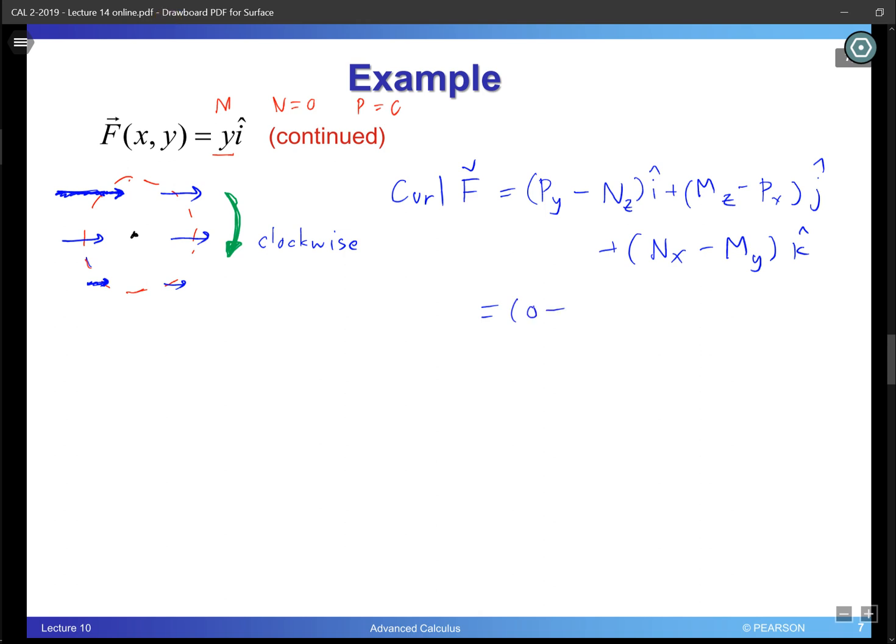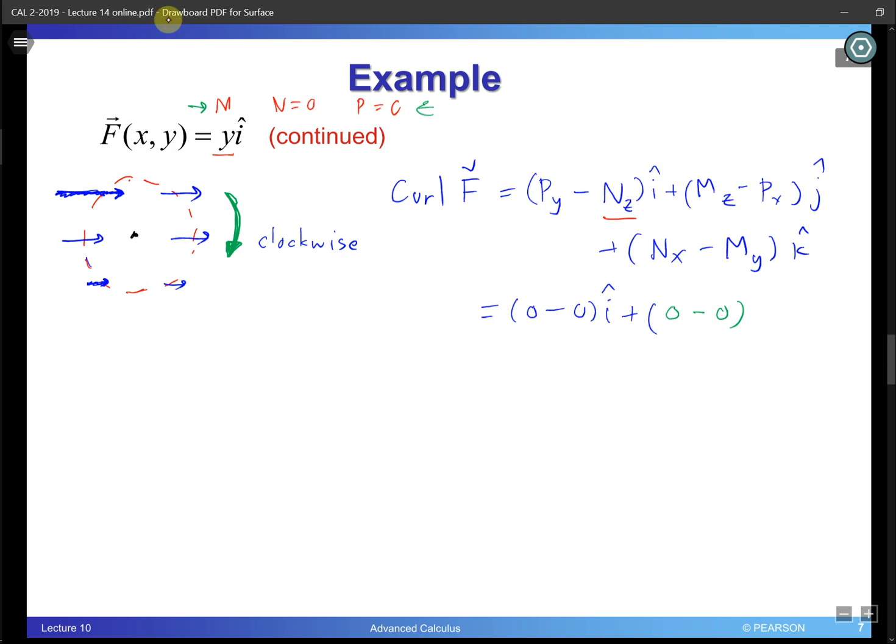Now minus n with respect to z: n is equal to 0, so it comes out to be 0 for sure. Plus m with respect to z. Now we take a look at m right here. m with respect to z comes out to be 0. Now p with respect to x, but p here is 0, so 0.